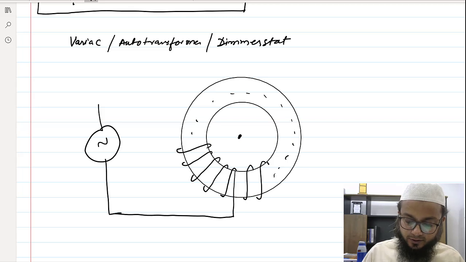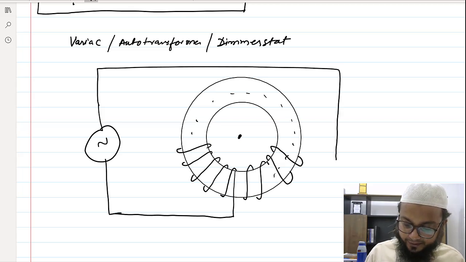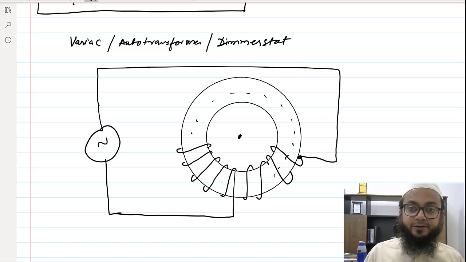So in this dimmerstat or variac, there is a feature that you can even step up the voltage slightly higher than the voltage which is coming at the input side. For that, we would have a tapping somewhere in the middle here. The entire voltage would be distributed on these windings.